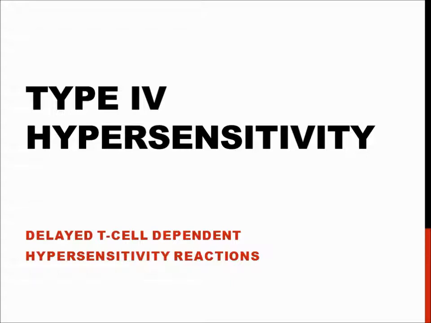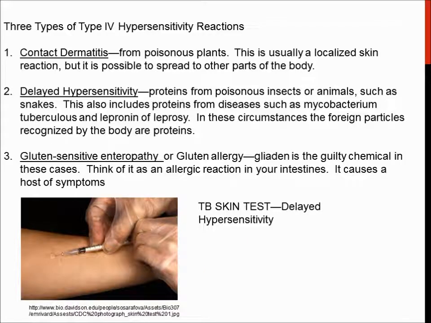Now, what I'd like to do is explain to you 3 of the different types of hypersensitivity reactions an individual might face. The 3 types of type 4 hypersensitivity reactions are contact dermatitis, which, as it notes, you get from rubbing against certain poisonous plants.